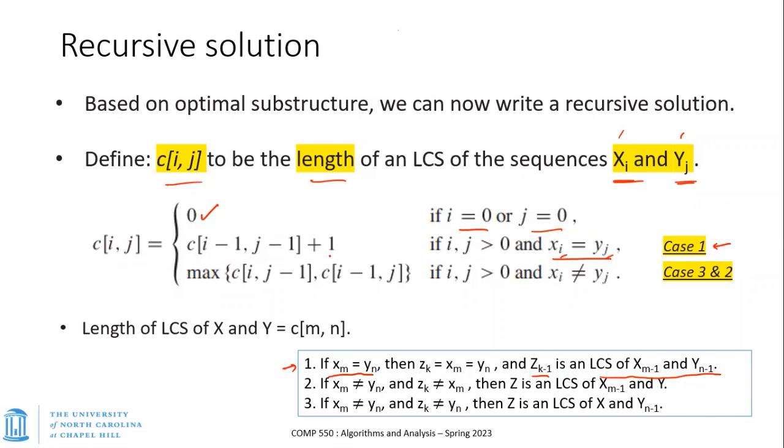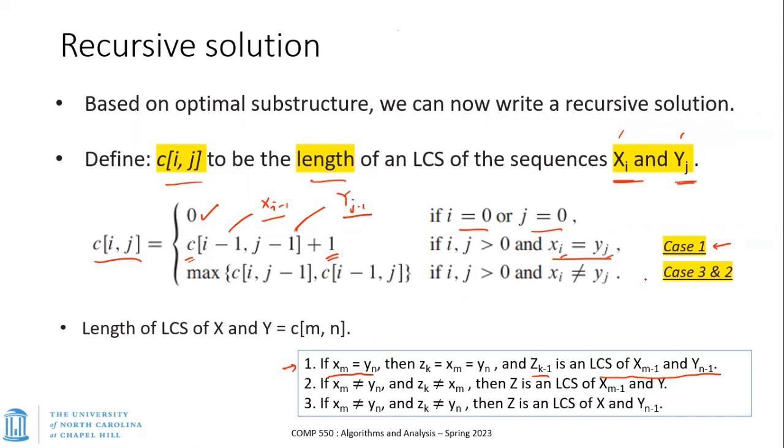Essentially, we can add 1 to the longest common subsequence of both of them reduced by 1, which means xi minus 1 and yj minus 1. If you can find the longest common subsequence of xi minus 1 and yj minus 1, and add 1 to that, you get the length of the LCS for Cij.